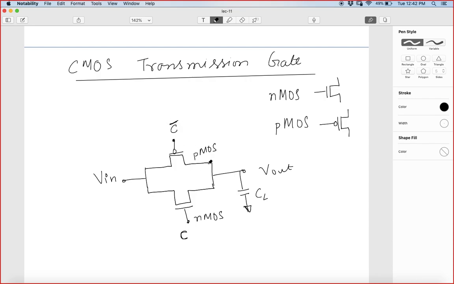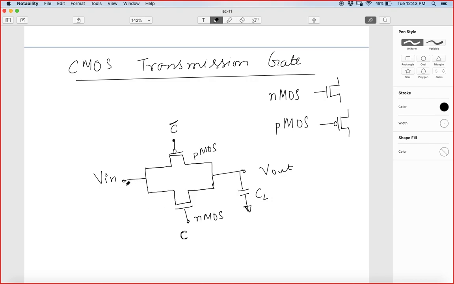Because I want to turn both of them on together, if I am applying VDD here, I should be applying 0 volt there. And if I want to turn them off, I apply 0 volt here and VDD there, so then the PMOS and NMOS will be turned off. This is how the CMOS transmission gate works.